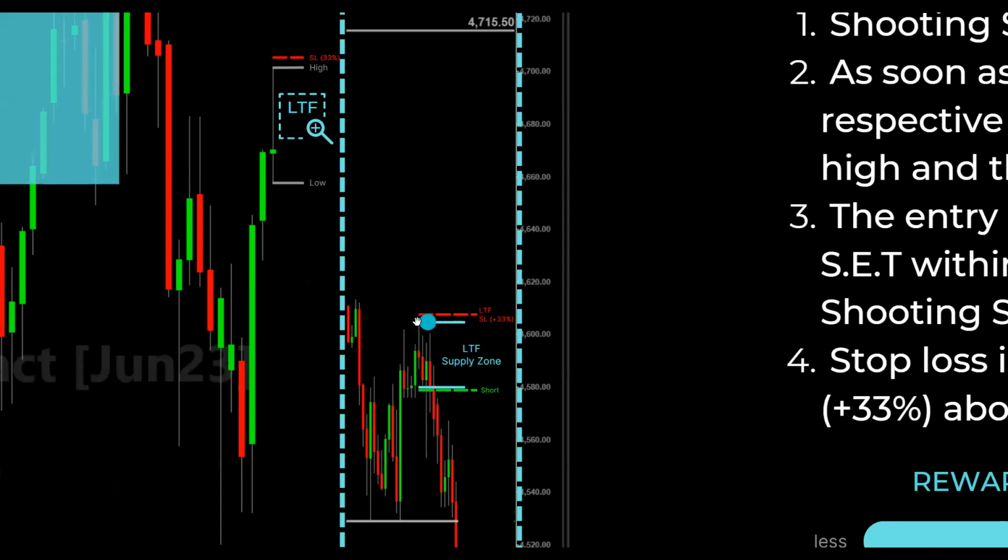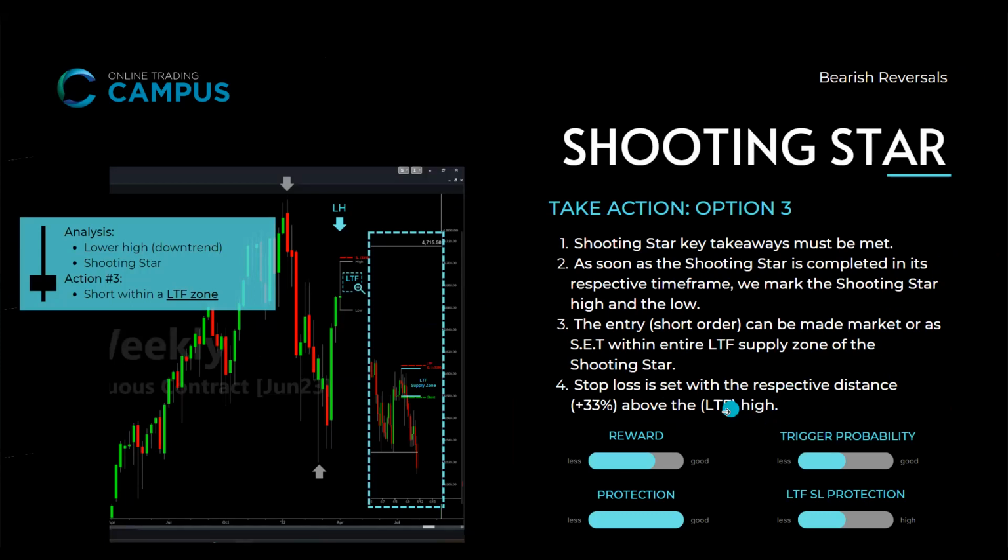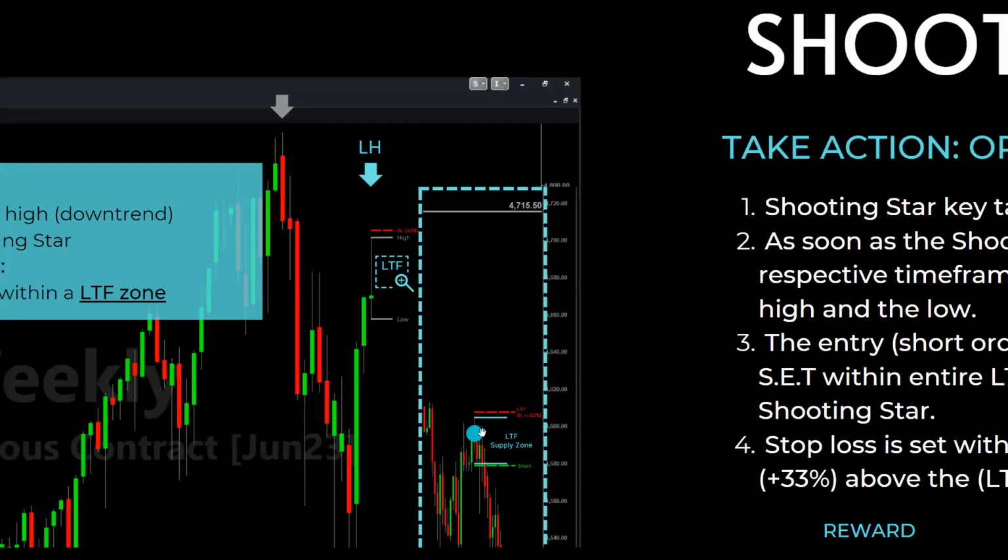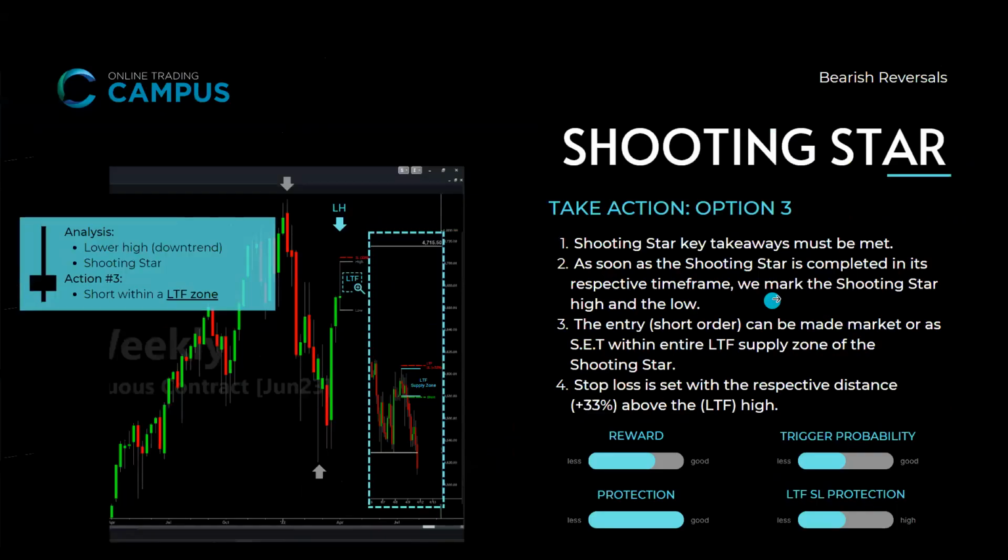Okay, that's the lower time frame high, the blue line, and it's above. And it's not necessary. It means that's why we have the lower time frame in brackets, it's also above the high. Means you can use the zone here as an entry, but the stop loss still above your weekly shooting star. It's up to you, depends on your profit margin and your trading plan.